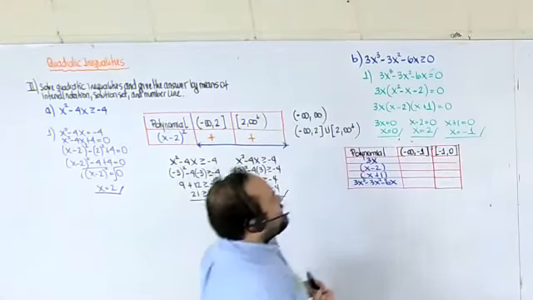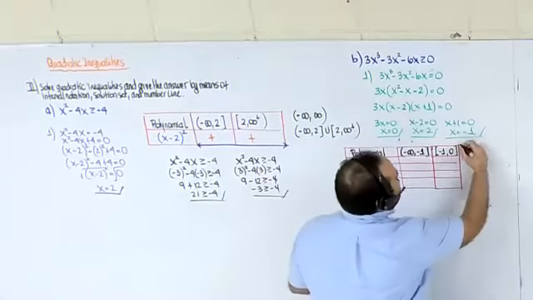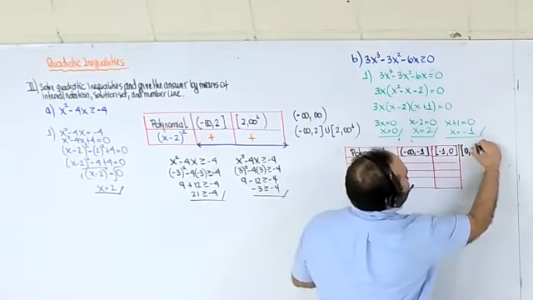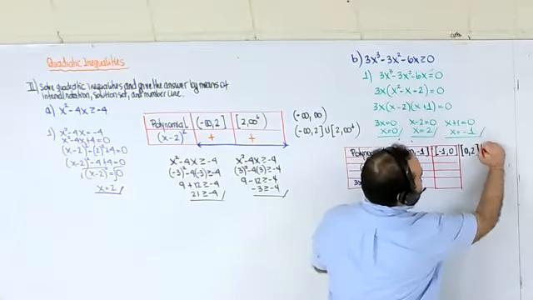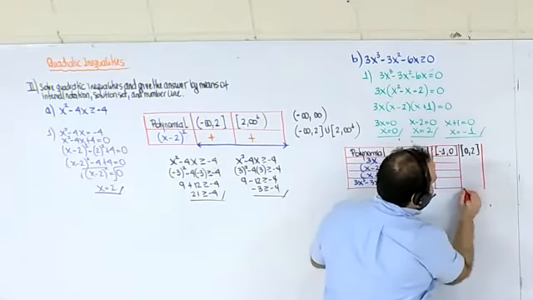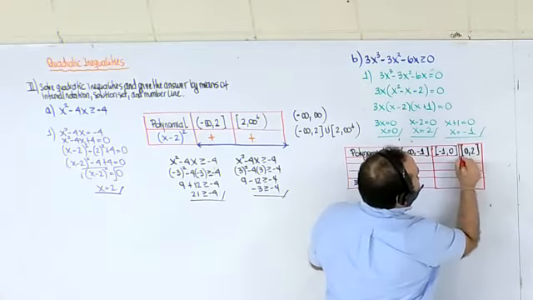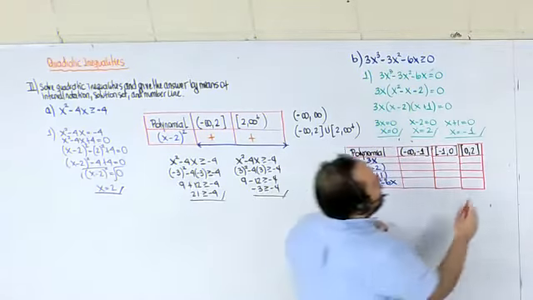So I'll apply the logical sense. Another one will be 0 until 2. And the last one will be, what will be the last one?